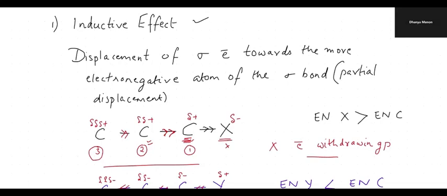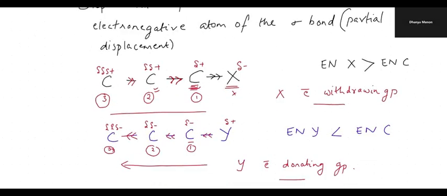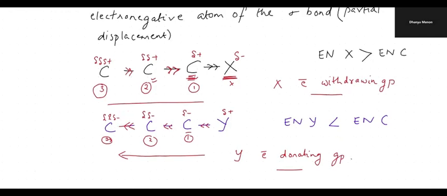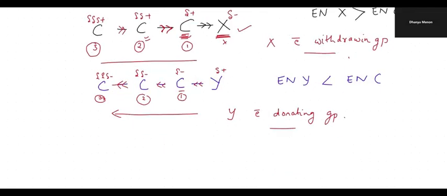If the atom is more electronegative, it will pull the electron pair towards itself, leaving the adjacent atom with a partial positive charge, and the effect decreases with distance. Some groups pull the electron and some groups donate the electron. It depends upon the electronegativity. Now coming to some questions.